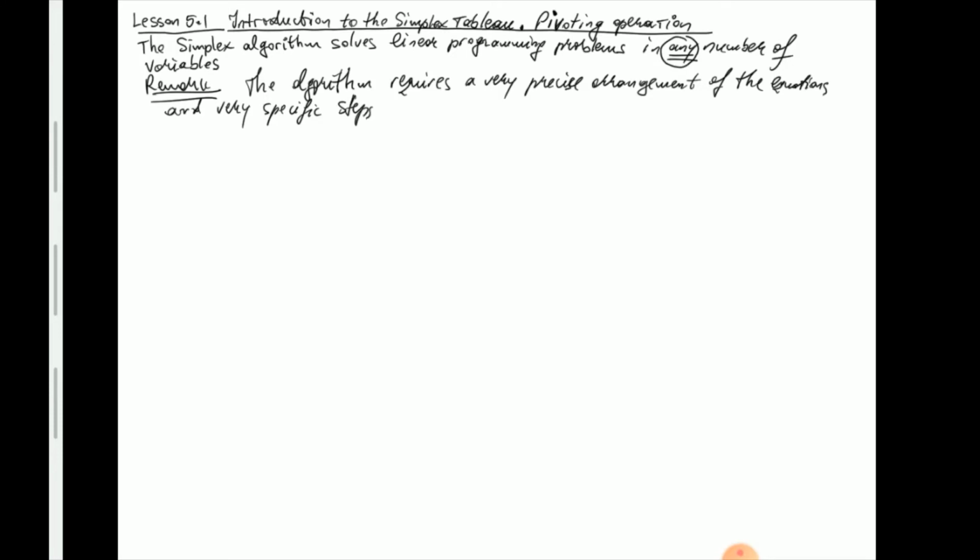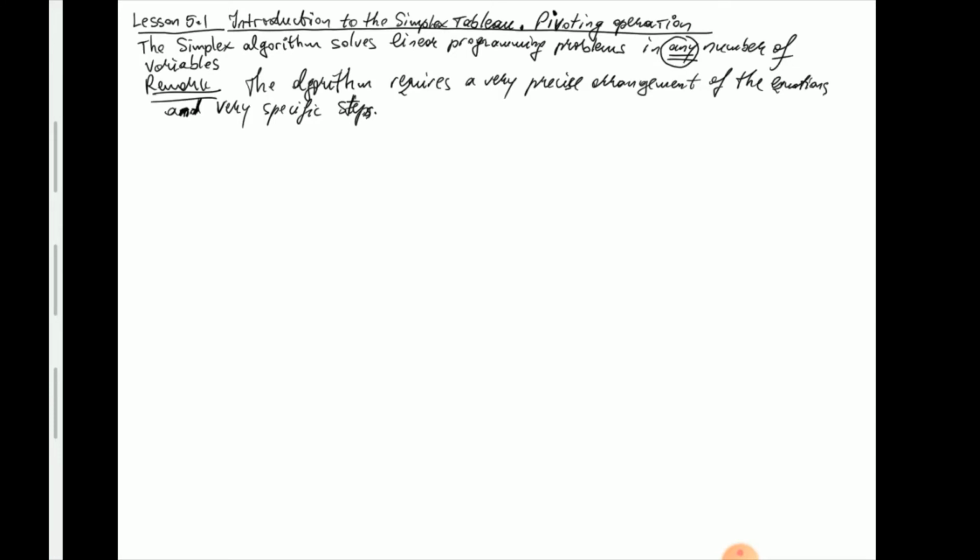So you still use row operations, but you don't have as much flexibility as you had when you solved linear systems with Gaussian elimination in terms of how you create those zeros and how you switch the rows and so on and so forth. So it's a much more rigid algorithm.